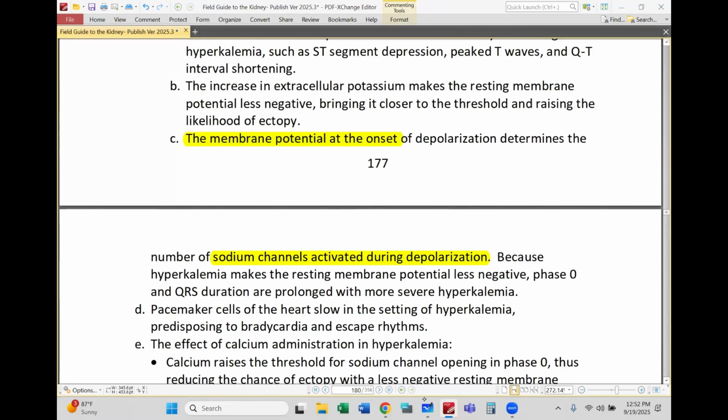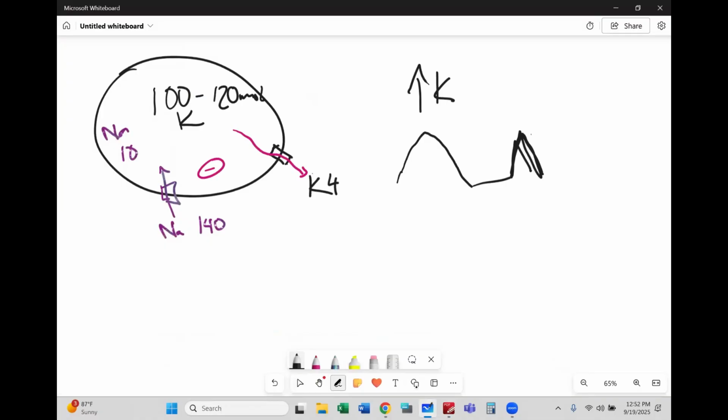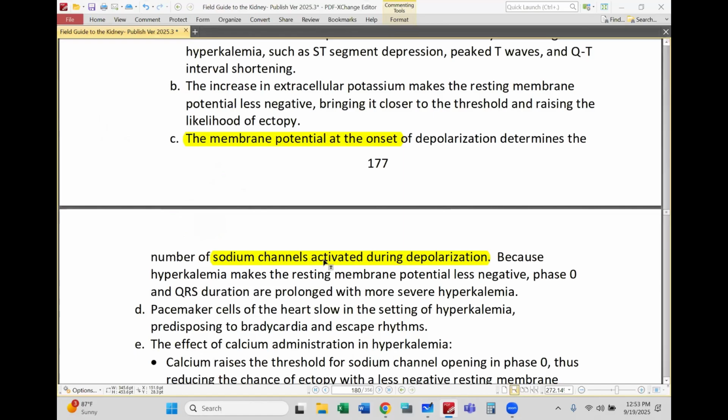So if I have an ECF K that's relatively high, then the egress of K is blunted at rest. This is not at repolarization, but at rest. And so my sodium channels are affected by that modified resting membrane potential.